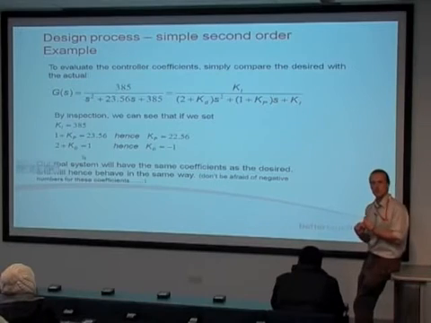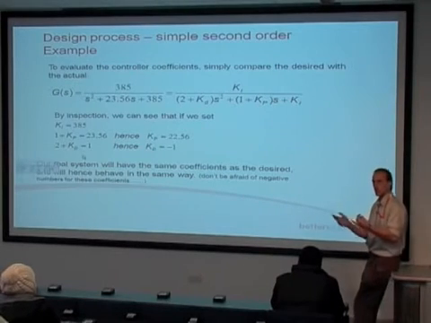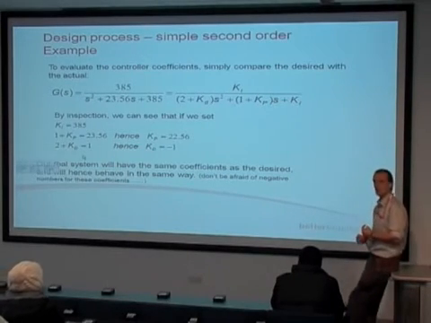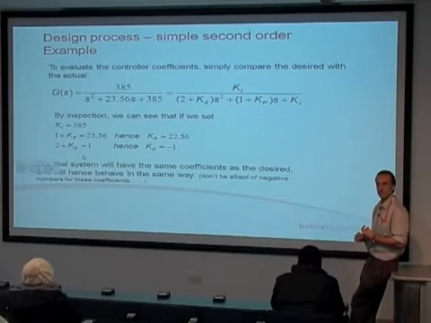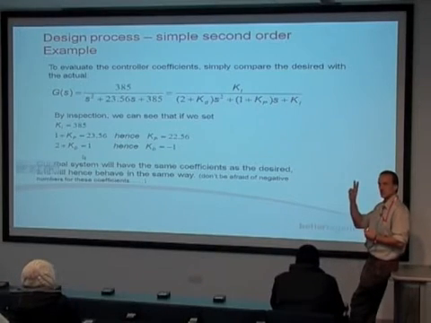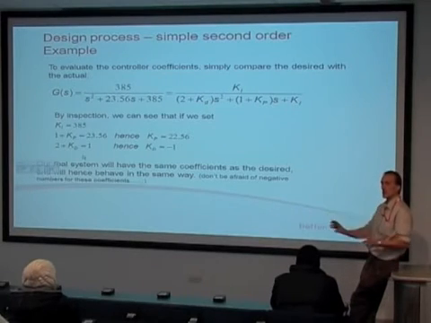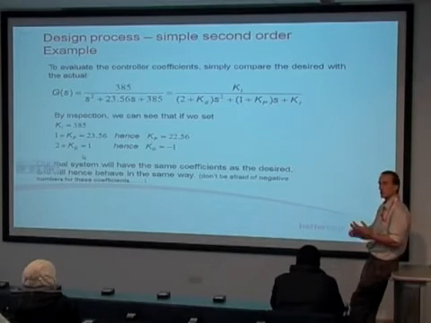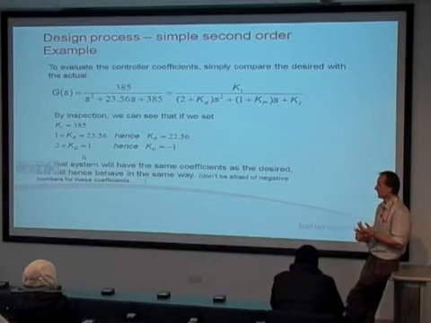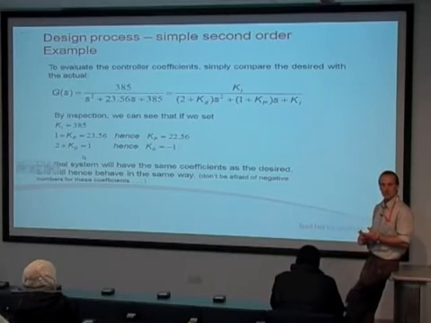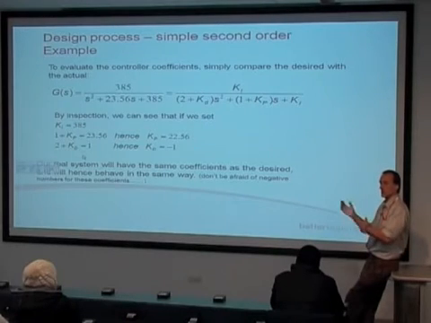How many unknowns do I have, or how many variables do I have in a second order system? Yeah, sorry, let's forget the gain. Just in terms of dynamic behavior, we've got two, haven't we? We've got omega n, we've got zeta. How many variables have I got? 3.